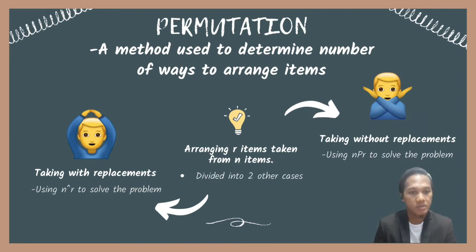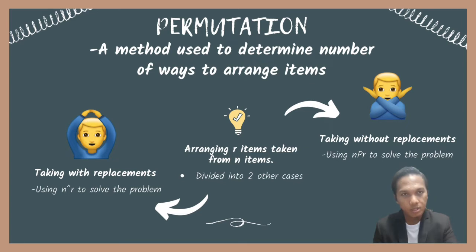It is the exact opposite of taking without replacement, which means that there will be no replacement if we take a word or a letter. For taking with replacement, we will use n to the power of r to solve the problem, and for taking without replacement, we will use nPr to solve the problem.